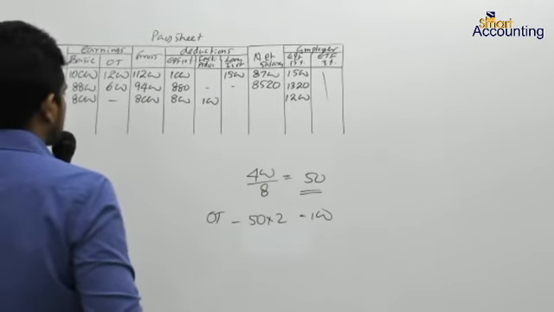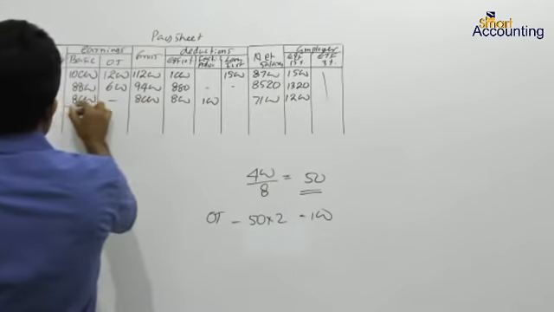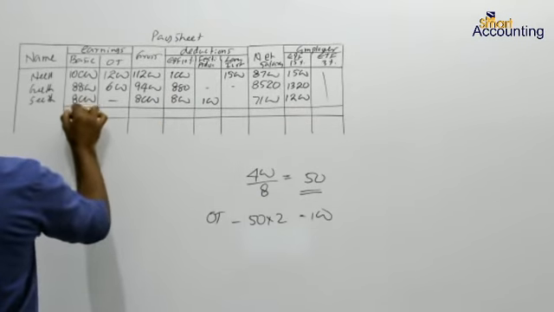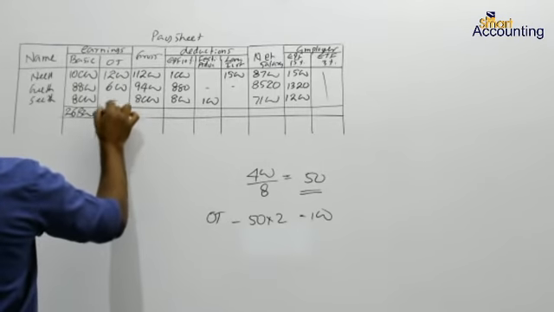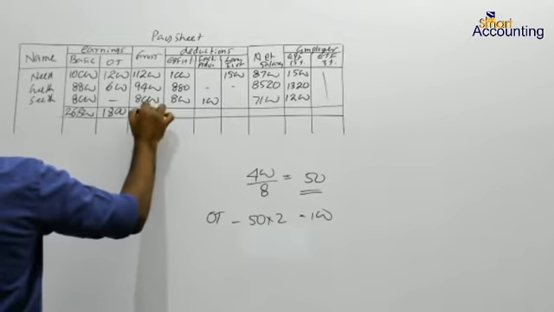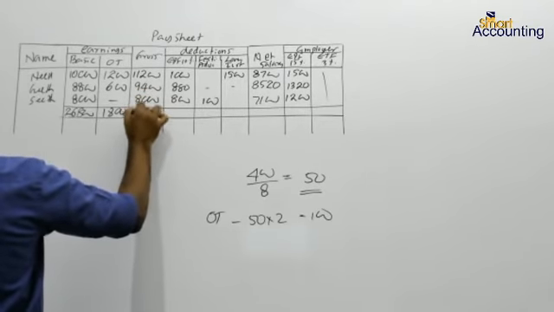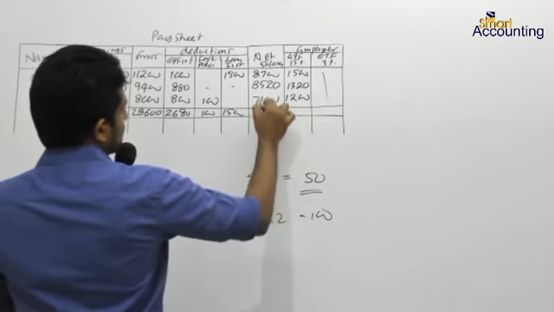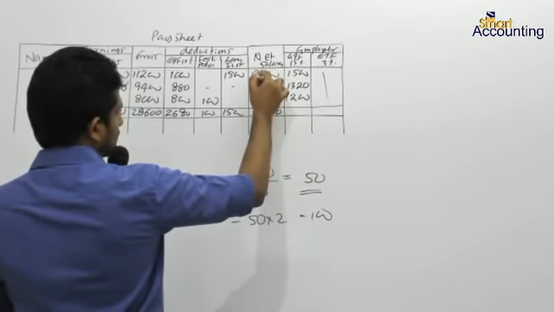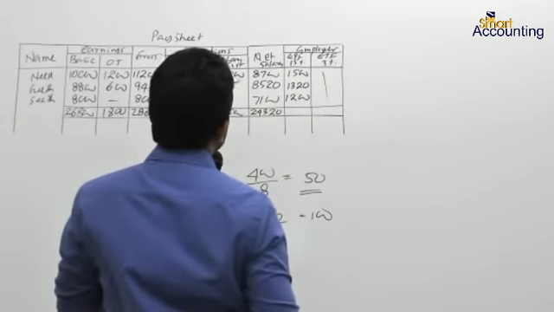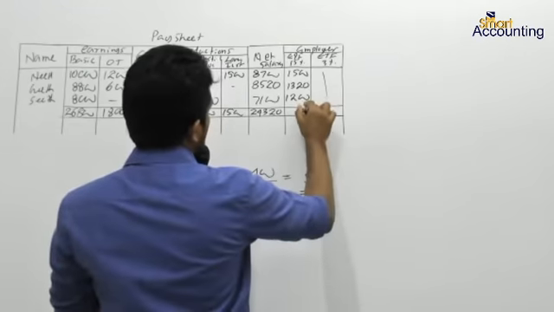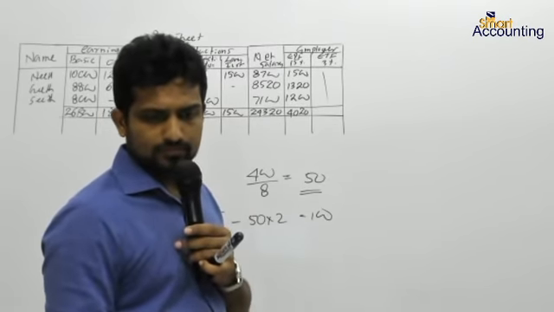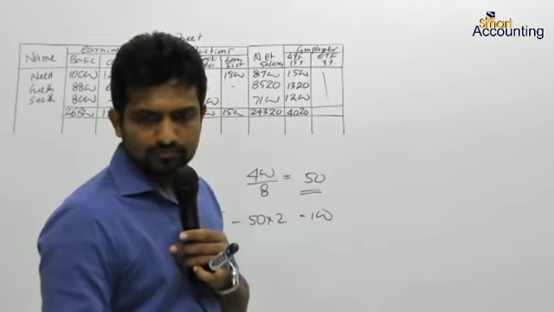Here 7,100. These are the values. That is correct.